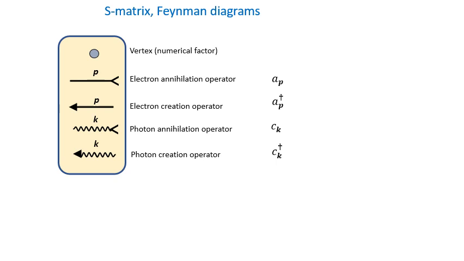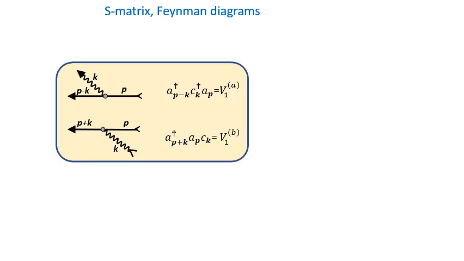Annihilation operators are lines entering the vertex and having a dovetail on the other end. Creation operators are lines with arrows pointing out of the vertex. With these rules, the two interaction terms are represented by the following graphs.